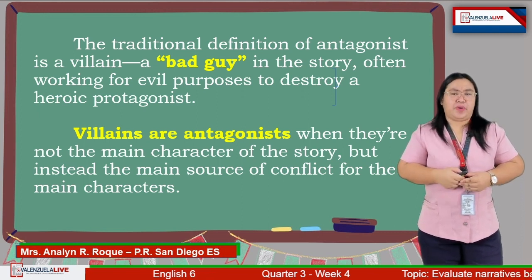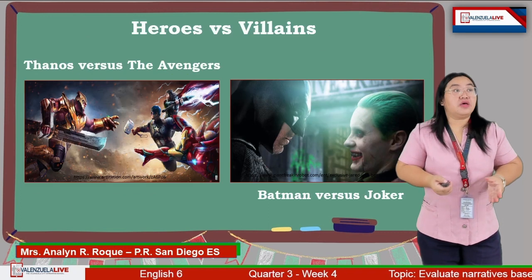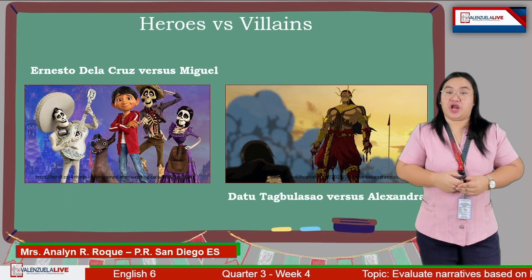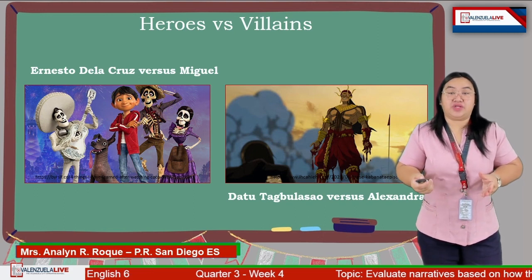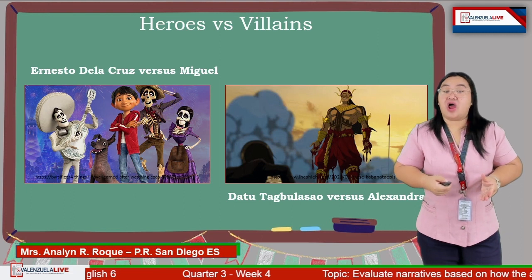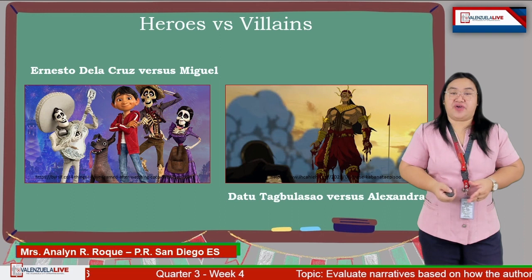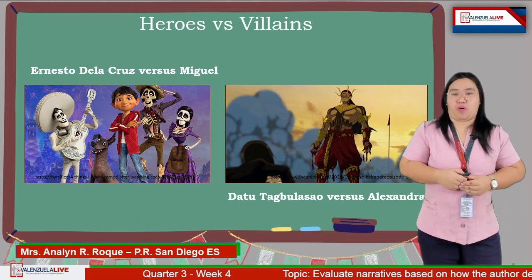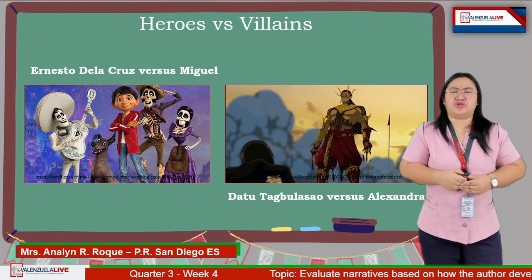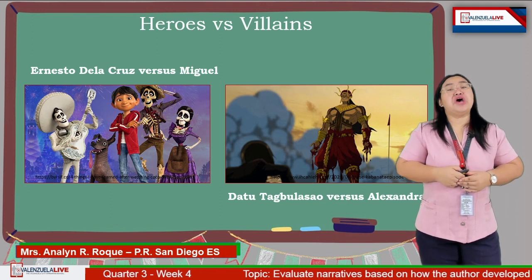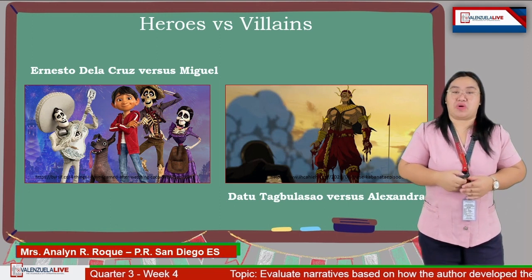Some examples that we have are Thanos versus the Avengers, Batman versus Joker, and we can also consider Miguel versus his great-grandfather's traitor friend, Ernesto de la Cruz. And lastly, Alessandra Trece versus Datu Tagbulesao. The main characters which I have presented experience a lot of difficulties because of the villains in their stories.